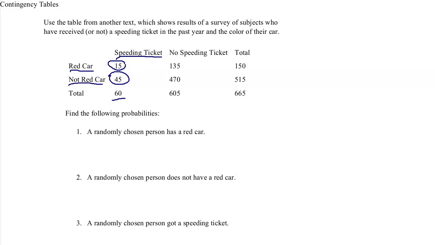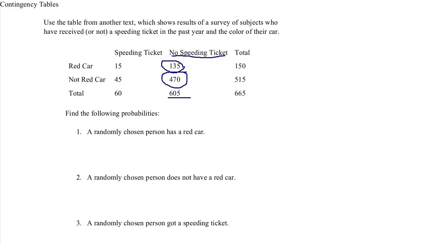In our next column, we have all the people who did not get speeding tickets and whether or not they had a red car. So, no speeding tickets. 135 of those without speeding tickets had a red car. 470 of those without speeding tickets did not have a red car, and 605 people did not get speeding tickets.